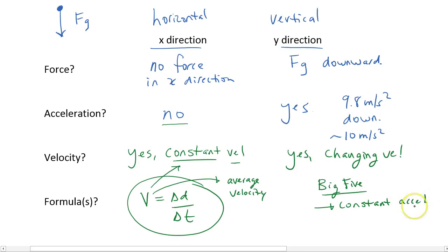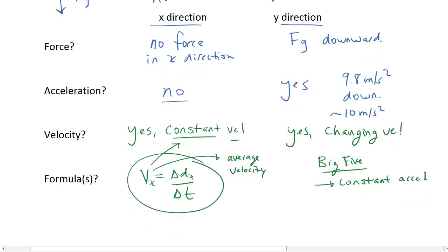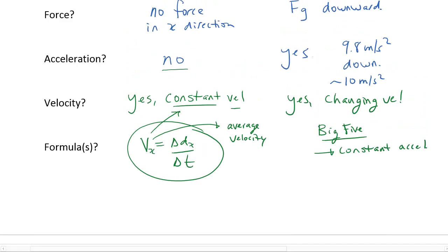And luckily we know them, we just derived them. I'm going to put a dx over here and a dx over there because we're talking about the x direction. So that's one difference we're going to get used to right away from grade 11 to grade 12. Now when we're doing projectile motion, we're going to be keeping track of our x's and our y's and our components.